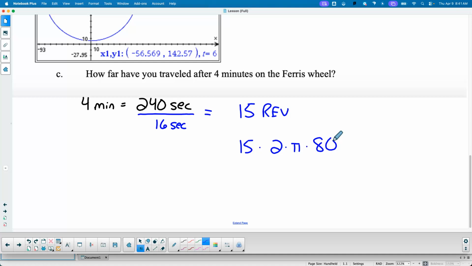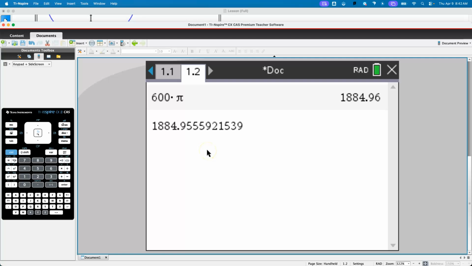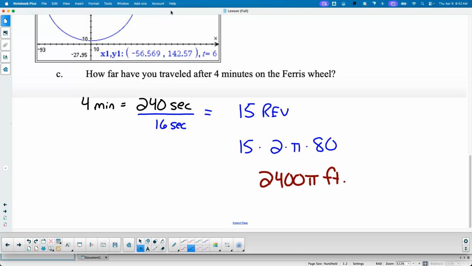So that's 30 times 80. So that's 2,400 pi feet, or 7,539.822 feet.